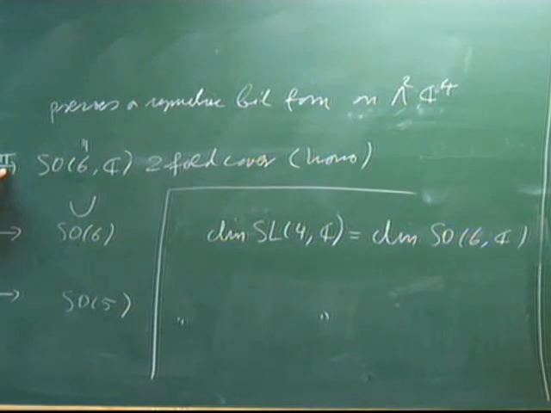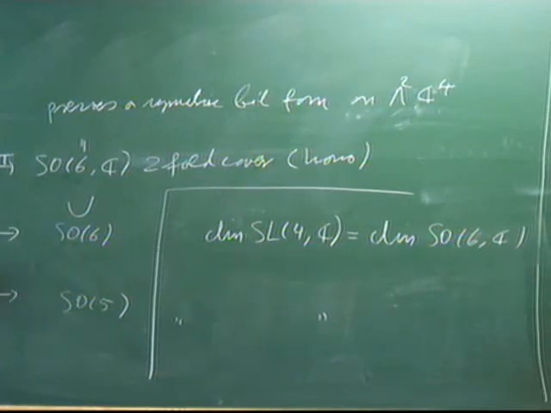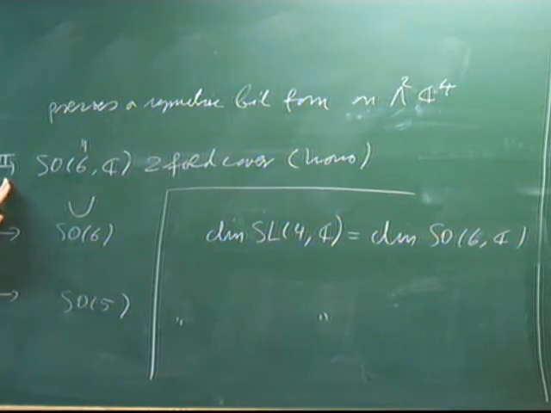Why is that a covering? Because the differential is an isomorphism. Since the kernel is Z2, the derivative has no kernel. It's injective, same dimension, so it's an isomorphism. So the homomorphism is a covering. Okay, so we're done with A.